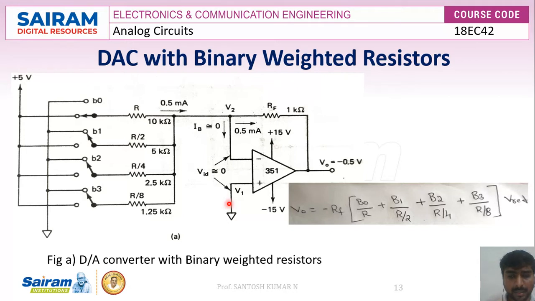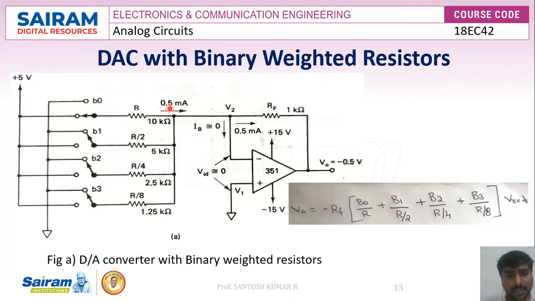According to the virtual ground concept, V1 is equal to V2. Since V1 is connected to ground, V2 will also be 0. So the voltage across this will be 5 volts minus 0 divided by 10 kilo ohms, which gives you the current flowing through this particular resistance R. So we get 0.5 milliamps flowing through resistance R.